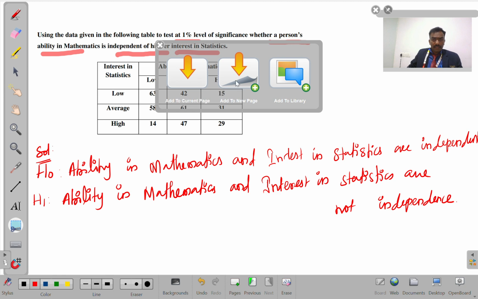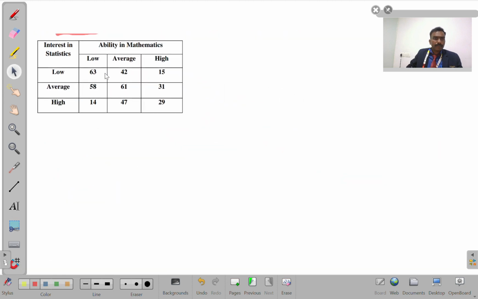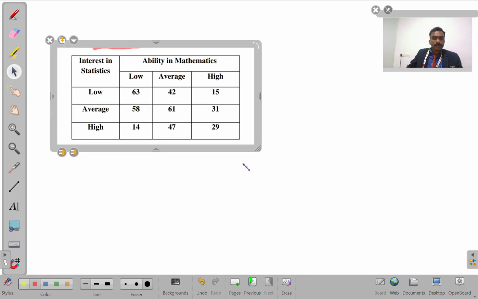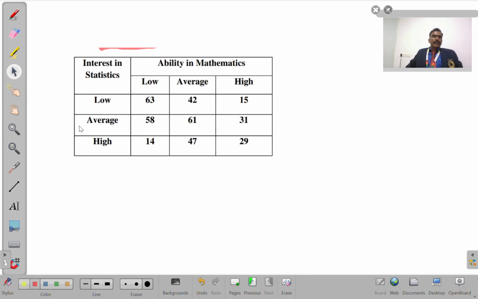I'm taking this data on a new page. First find the row total as well as the column total for the given data. Then only you can find the corresponding expected value.